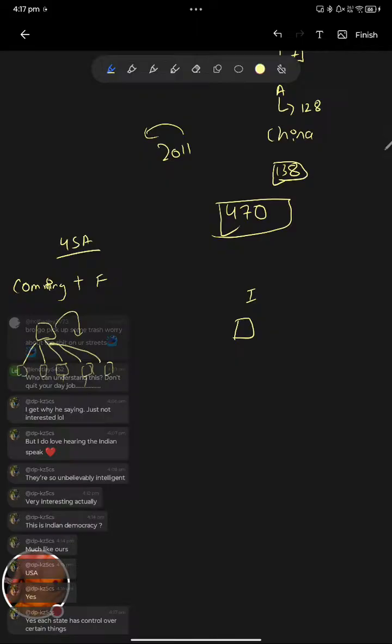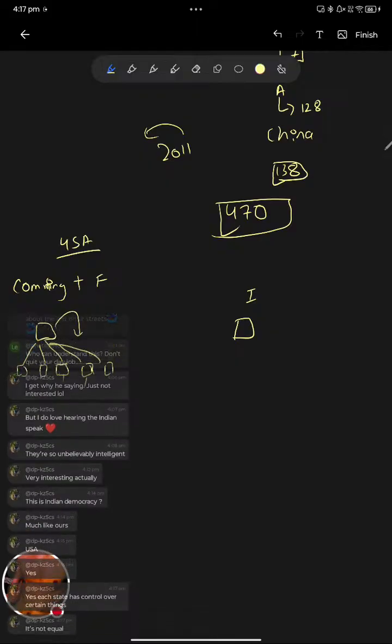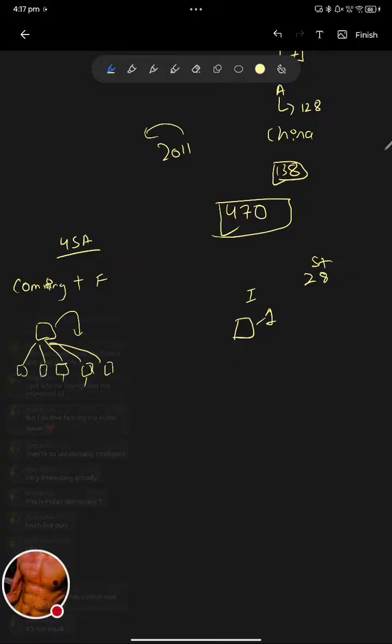India has only one flag. We have 28 states in total and eight union territories. The union is at the top; the union is already formed, and then it goes down to the states.